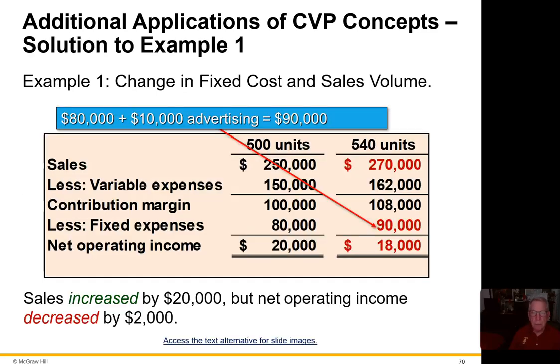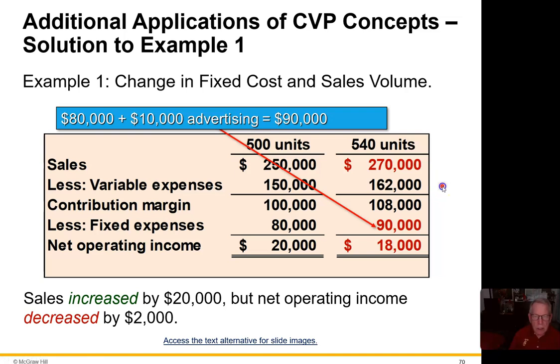Let's look. Here, we're going to do 80,000 plus the 10,000 additional fixed cost for advertising. That's 90,000, right? And so if we ripple this through, 540 units times the $500 per unit selling price, that didn't change.